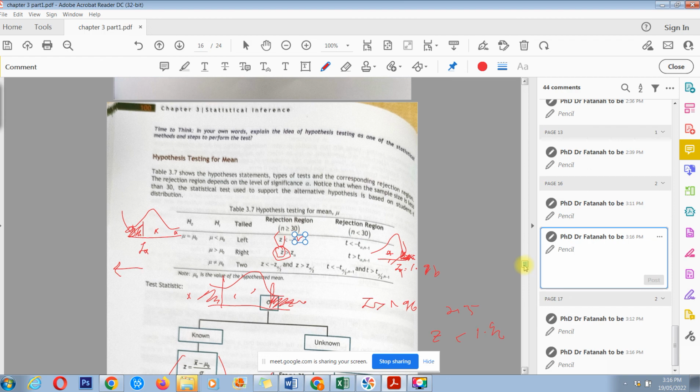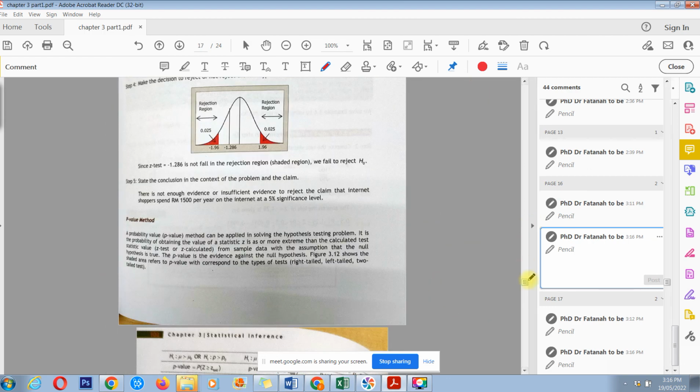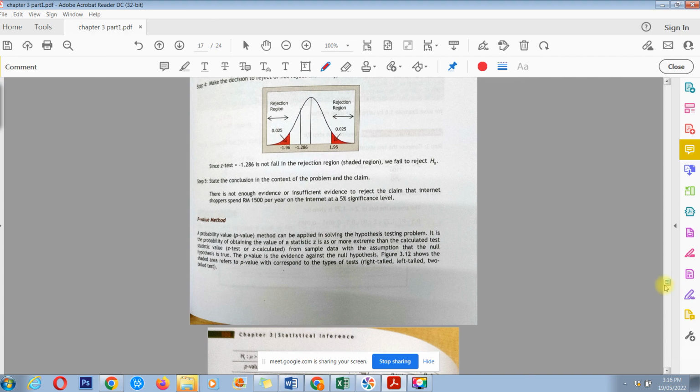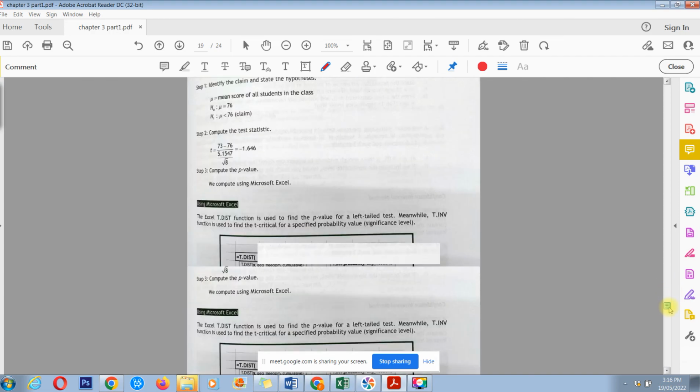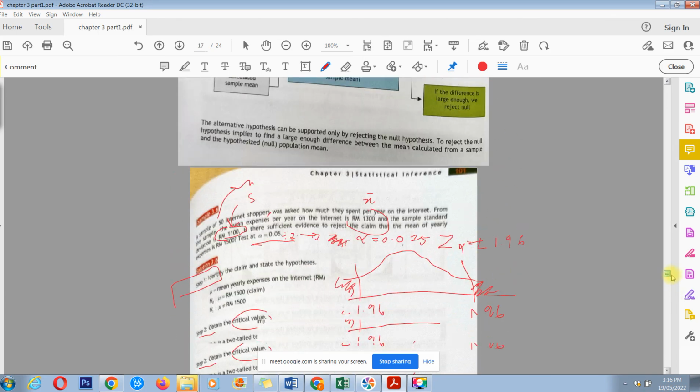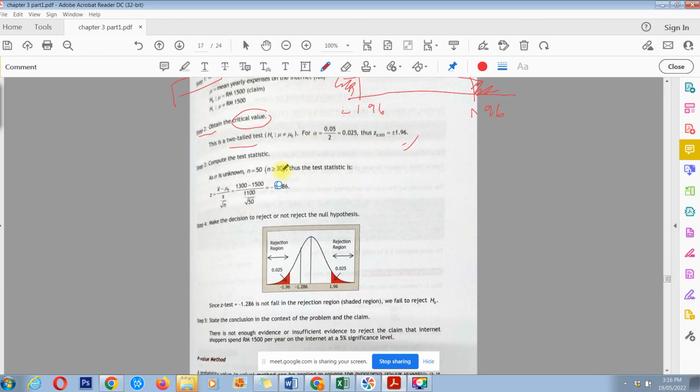Here n is 50, so it is greater than or equal to 30, and we use this formula. So this is unknown data. We do not know how many data we will get, the real data of who shops online, we do not know.